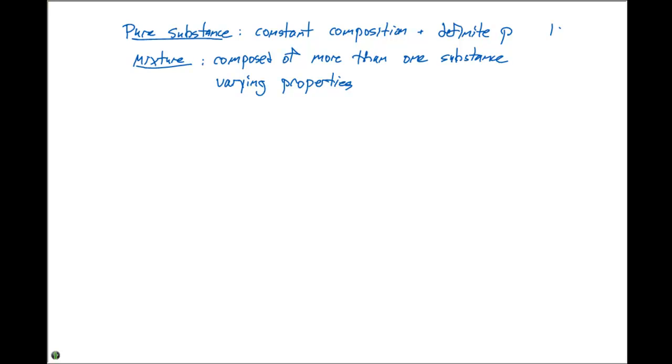So a pure substance is a constant composition and it's uniform throughout. It has definite properties, and when we have a mixture, we have a composition of more than one substance present.